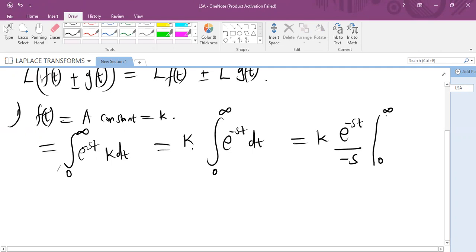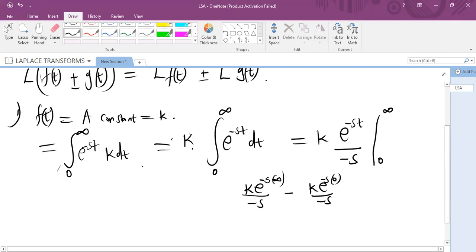integral from 0 to infinity. Replacing the ranges after integration, what do we have here? So we have k, replacing negative infinity where there's t, so I have negative s and then infinity, all this divided by negative s, minus k exponential negative s replacing 0 now, all this divided by negative s.